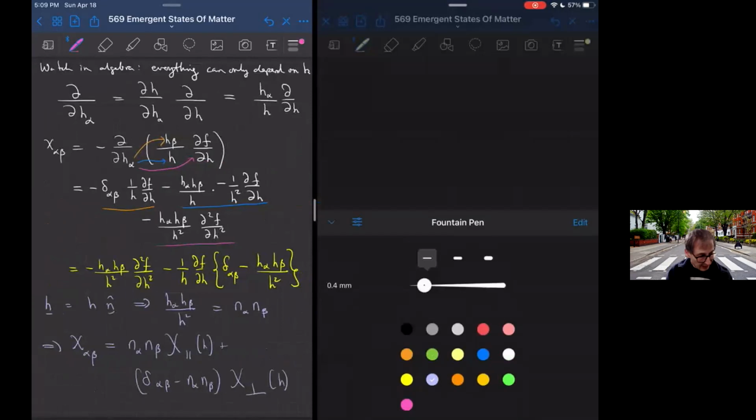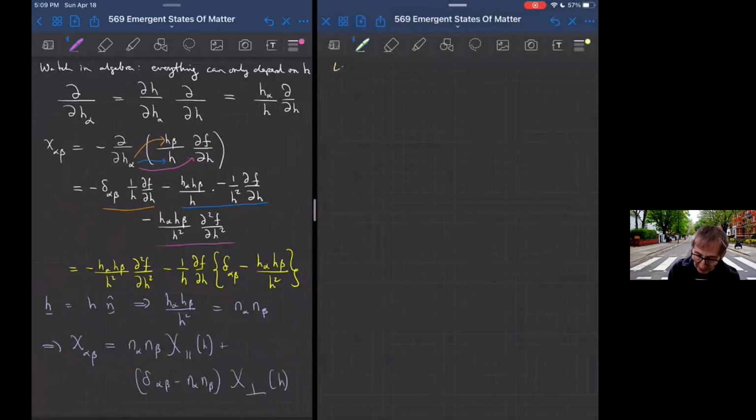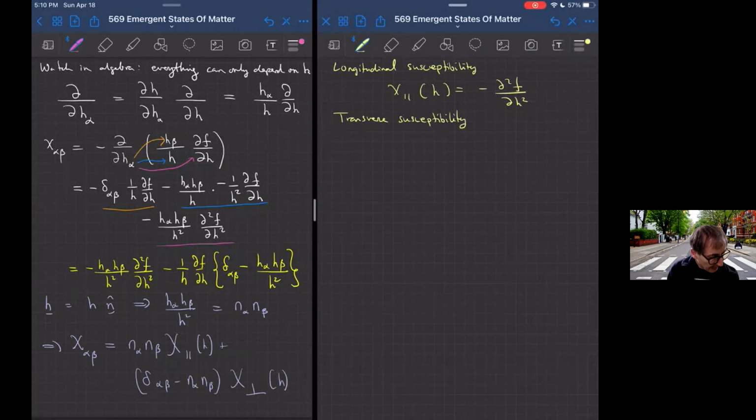And we can read off then that the longitudinal susceptibility, chi parallel of h, is equal to minus d2F/dh squared, and the transverse susceptibility, chi perpendicular of h, is minus 1 over h dF/dh. Remember dF/dh is just m, so this is m over h.